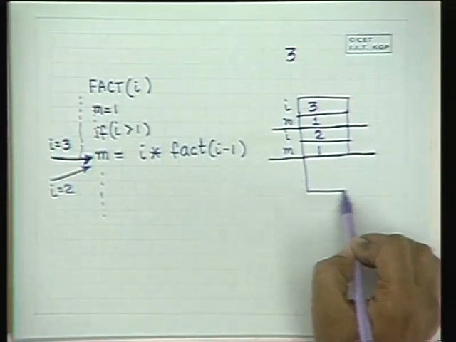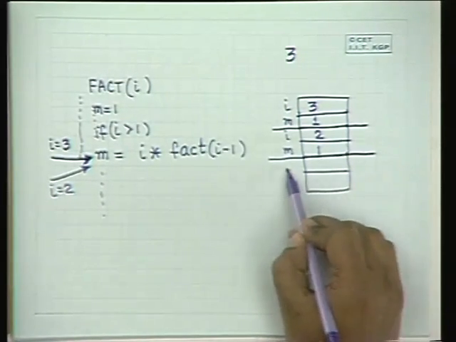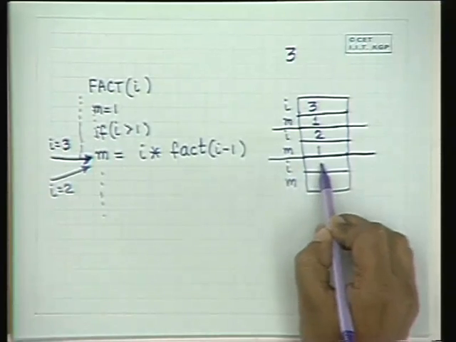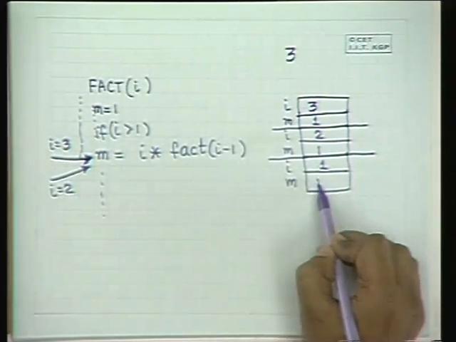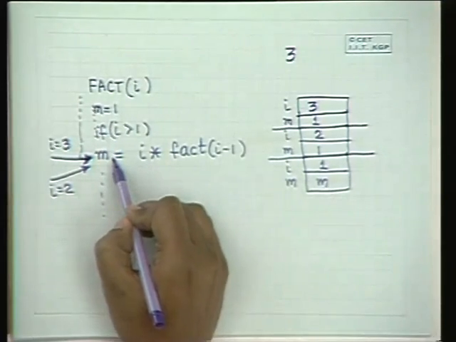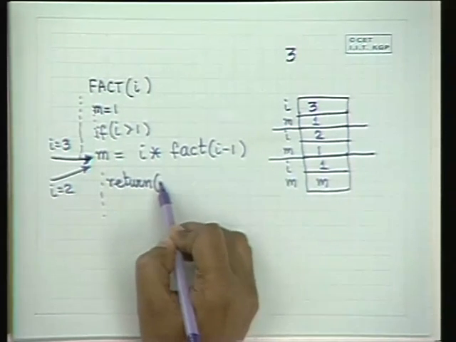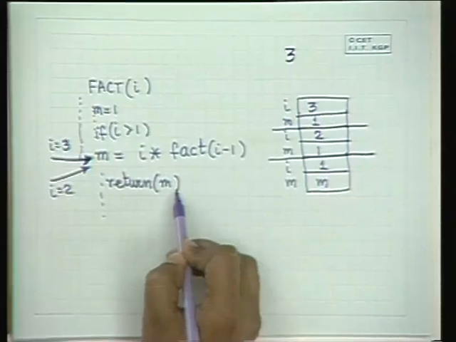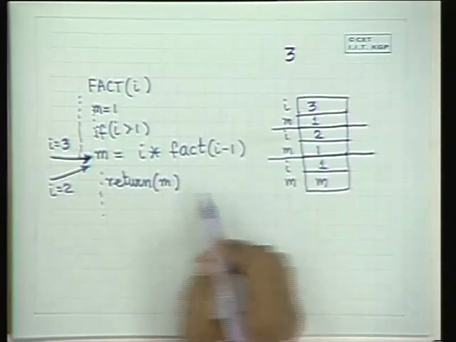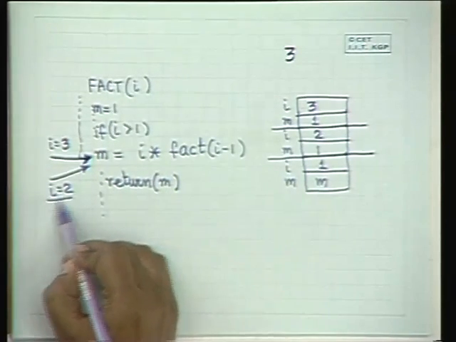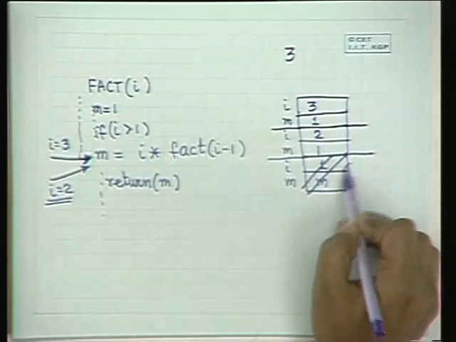So another segment of two variables, I and m, is created. Here I is 1, m is initialized to 1. This condition does not hold true, so it returns this value, and once it returns this value, control goes back to this, and this goes out.